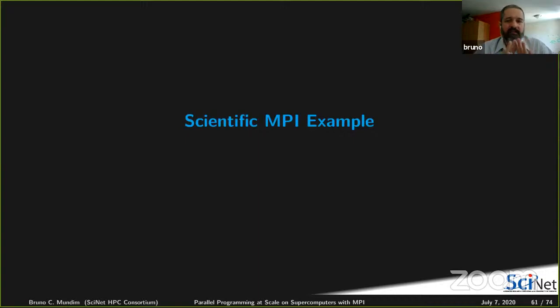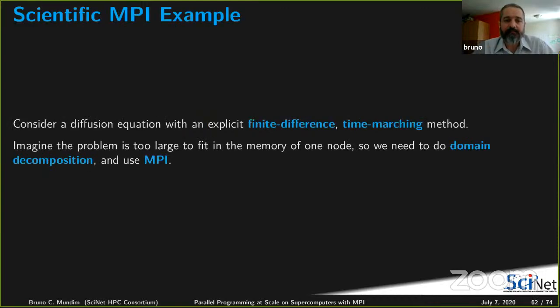Okay, so that's it in terms of basic MPI that most of you need to know. I might add on Thursday a little bit more about the non-blocking communication patterns and non-blocking communication functions. But right now, I want to introduce a scientific MPI example where you can apply what you have learned today.